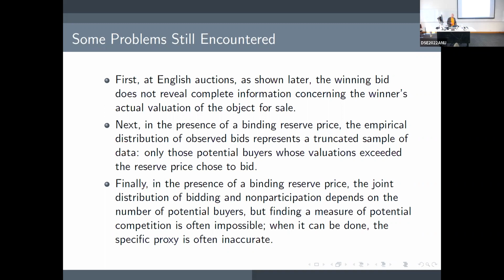Exactly. So the thing here is that if you have any sort of covariate heterogeneity, any sort of reserve price heterogeneity, any sort of heterogeneity in markets, such as the number of people participating in any given market, you are only ever going to get anywhere with parametric assumptions.